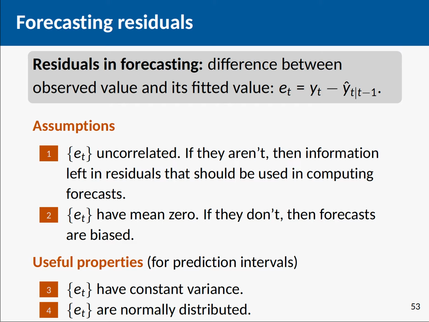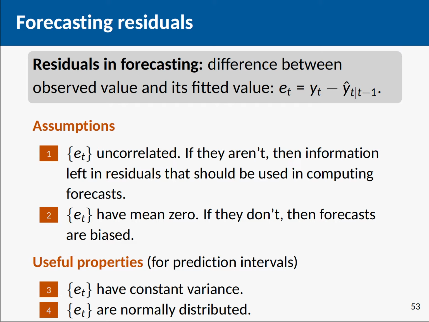We've talked about prediction intervals in the previous video, and two additional properties that could be useful for computing prediction intervals are that the residuals should have constant variance. Constant variance would mean that you're not seeing a period where the residuals display very low variability and then a period where the residuals display very high variability.